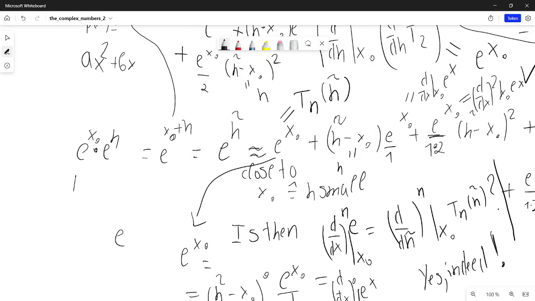So if x0 is equal to 0, then you just have that this is e to the power of h.